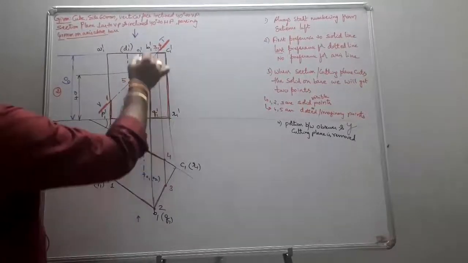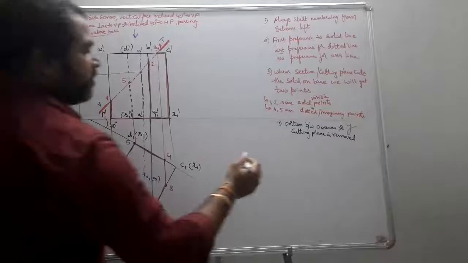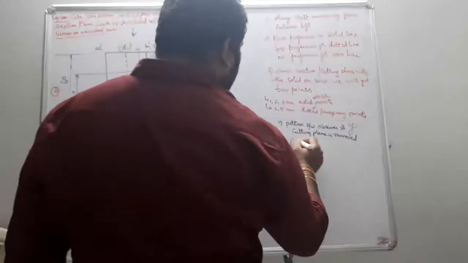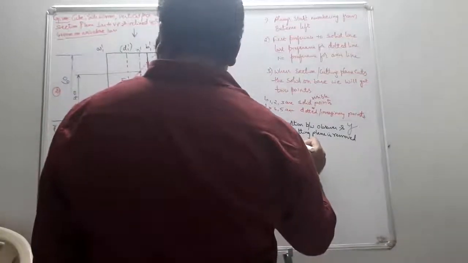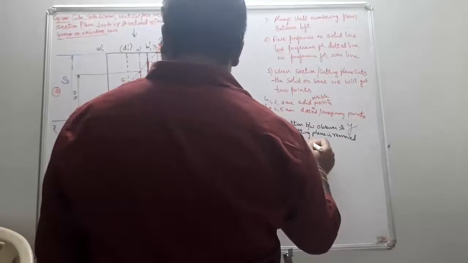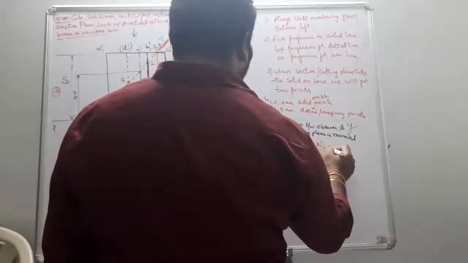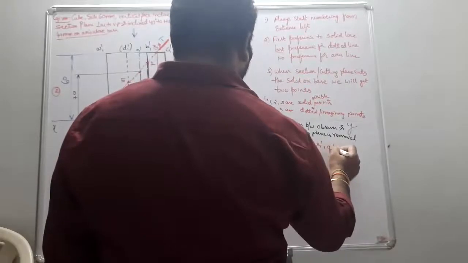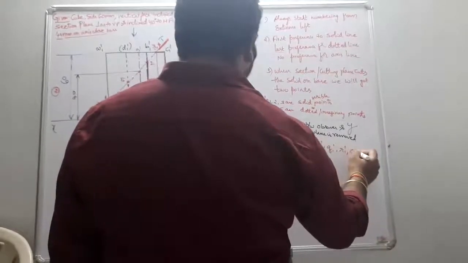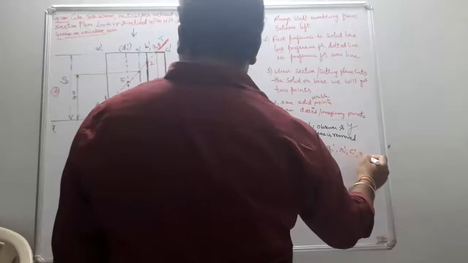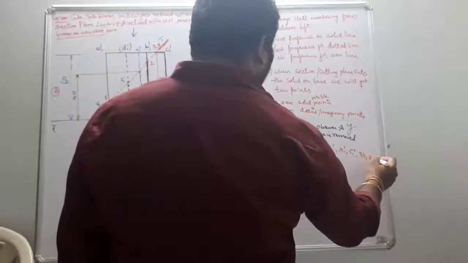So this was nothing but your retained portion. So the retained portion is 1 P1 dash, S1 dash, Q1 dash, R1 dash, C1 dash, 3, 4, 2, 5.